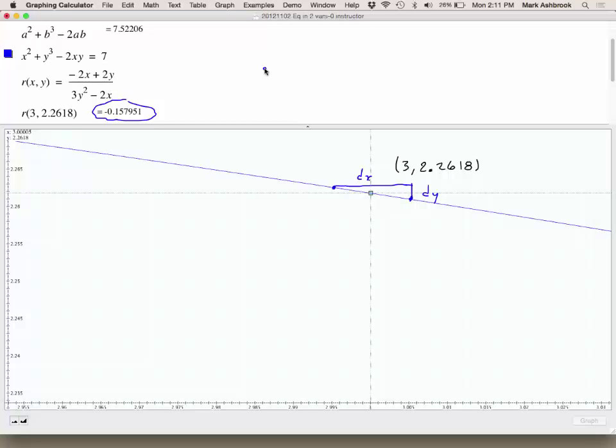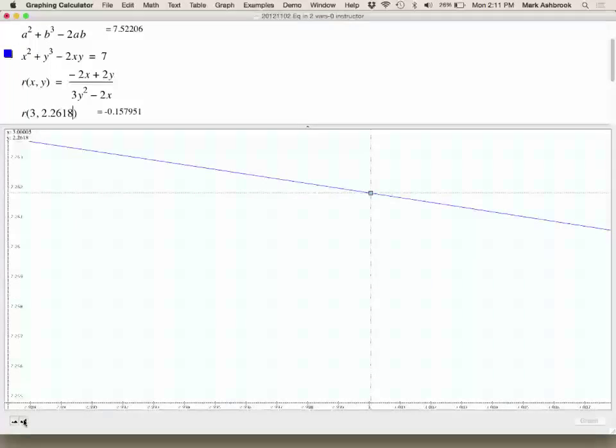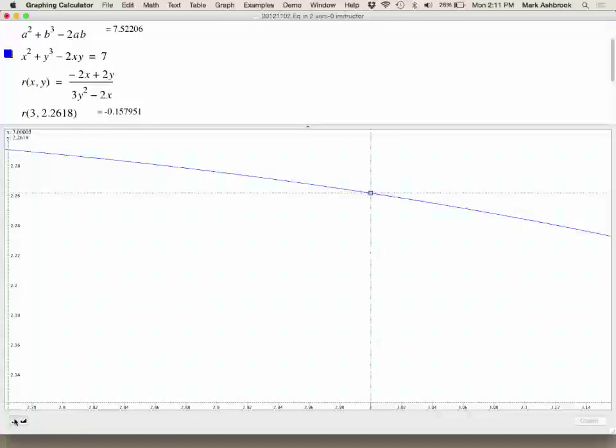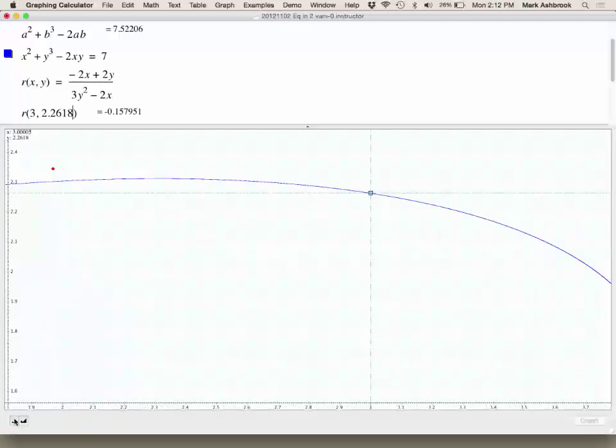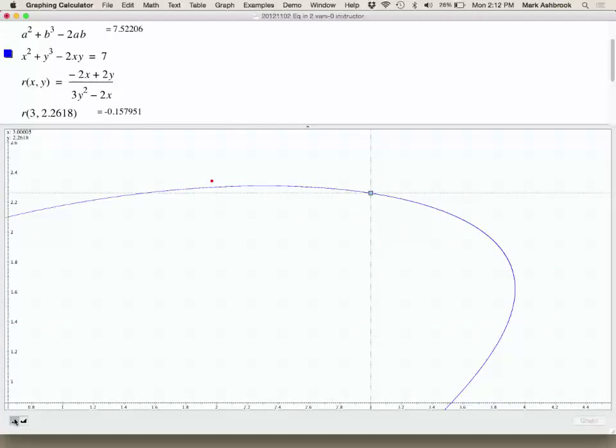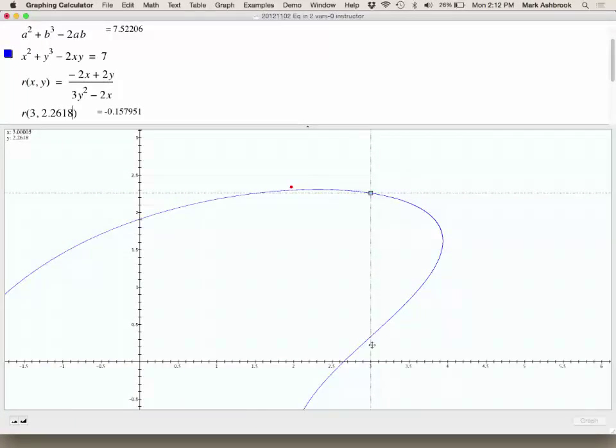All right, let's look at the other, just one more. So we said that there were at least 2 other places where x was 3. Let's just see how that works. Okay, here's another one.